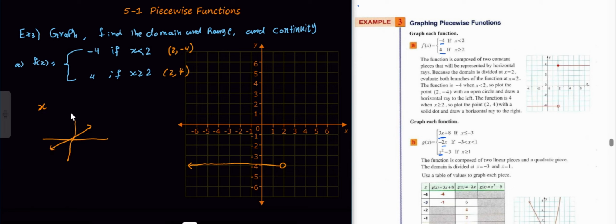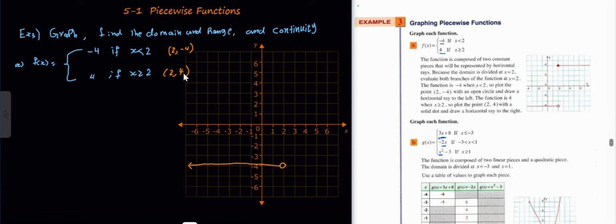If it is just x, our graph will be like this. If we have x to the power 2, our graph will be like this. So because we have just a number, our graph will be a horizontal line.